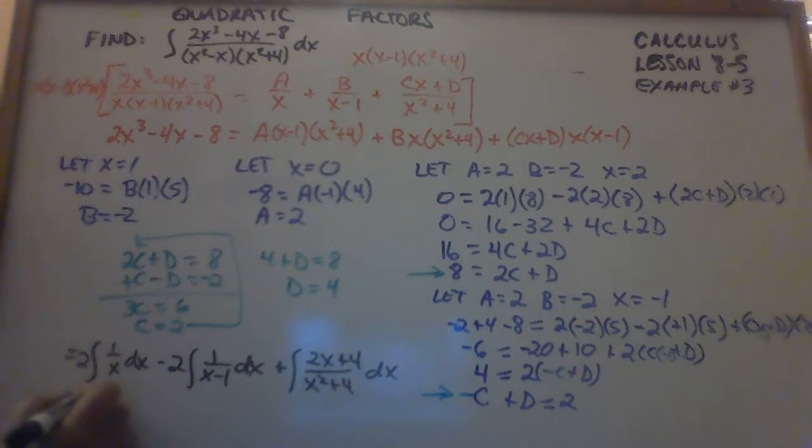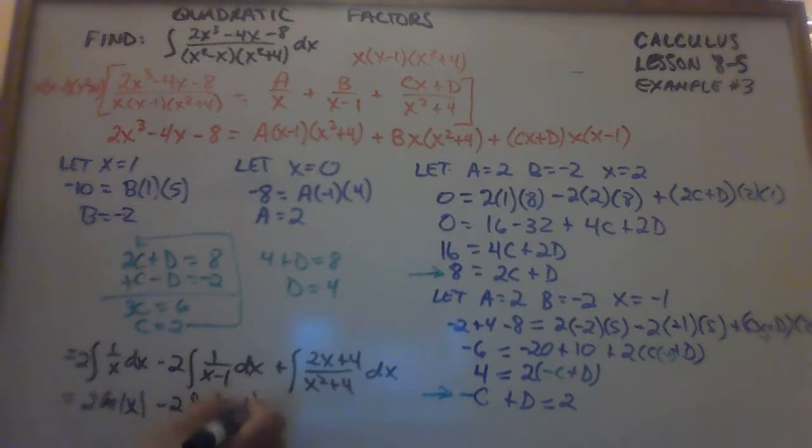So this is going to be 2 natural log absolute value of x. This is going to be minus 2 natural log absolute value of x minus 1. Plus, now I can use u substitution. Can I use u substitution on this? No, actually what I'm going to do is break this thing up into 2 separate integrals.